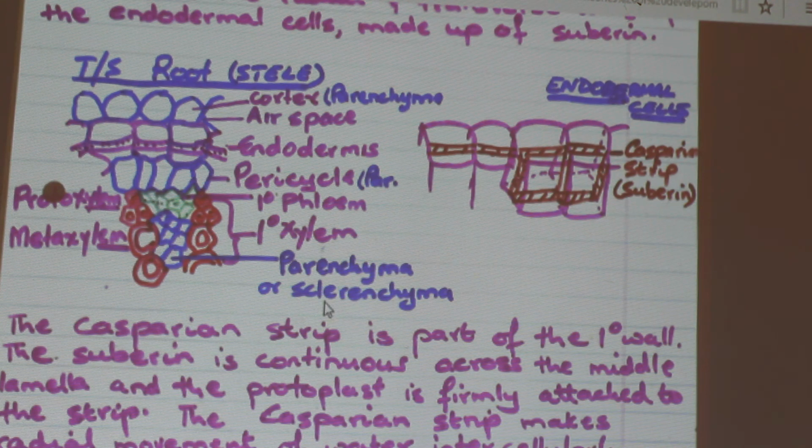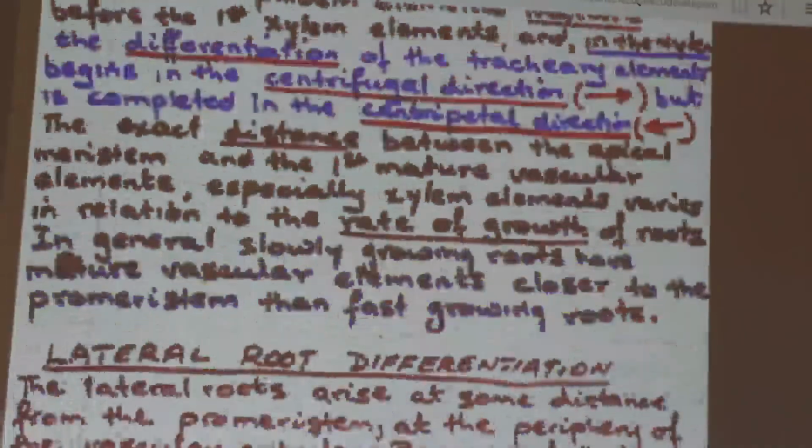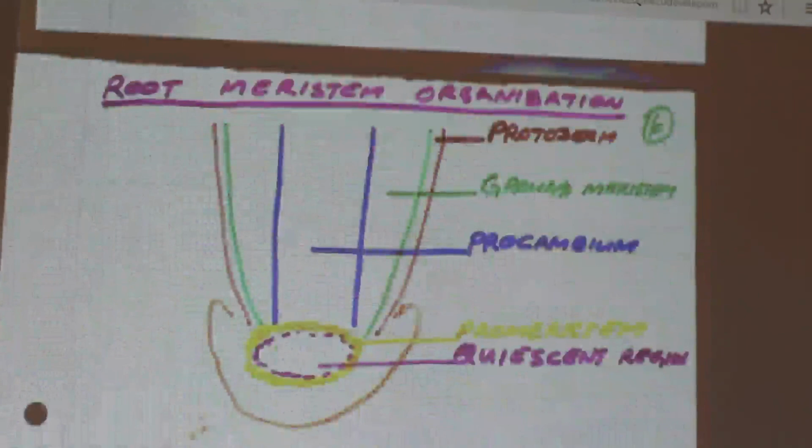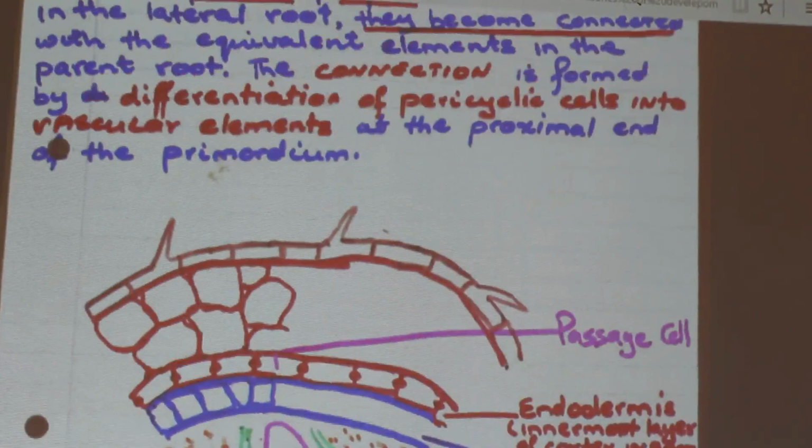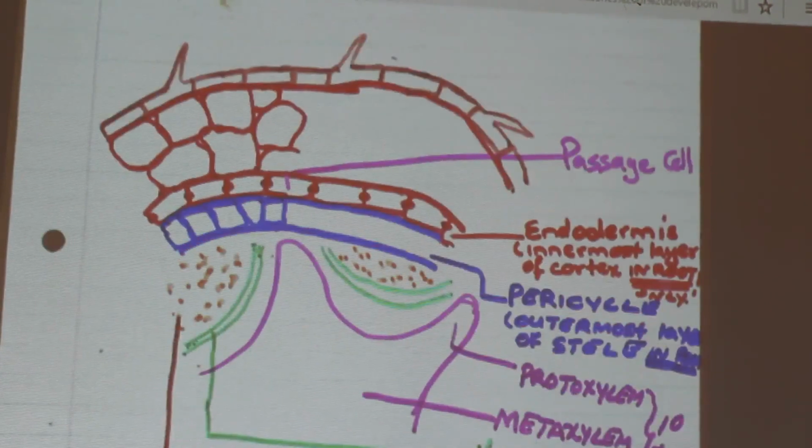Okay, so in a practical, we should have looked at the TS of a stem. Please look at that. Okay. Let me just do this. Before I go, here I've tried to show you the section which you would have seen in the root.